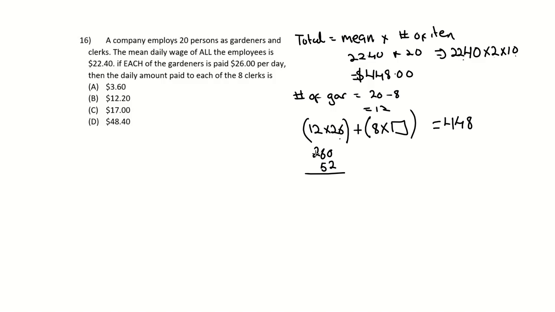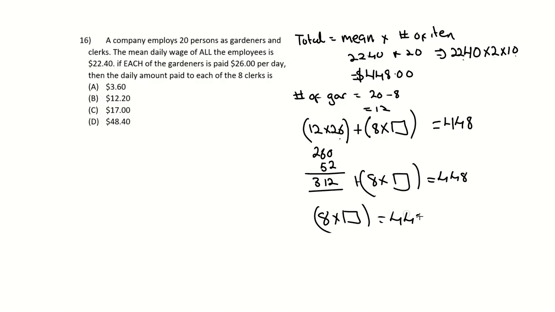And when I add this up, it's going to get $312. Alright, so 312 plus 8 times how much each clerk is getting will give you 448. So I know my 8 clerks would be getting the difference between 448 minus 312, which is equal to 136.